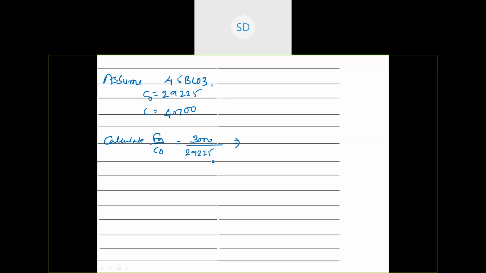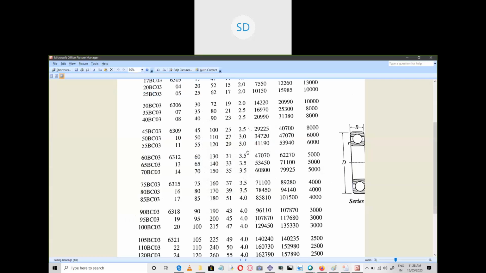Someone calculate. I think 0.11. Okay, 0.107. 0.1027. Let it be. Now go for the table again. Compare.